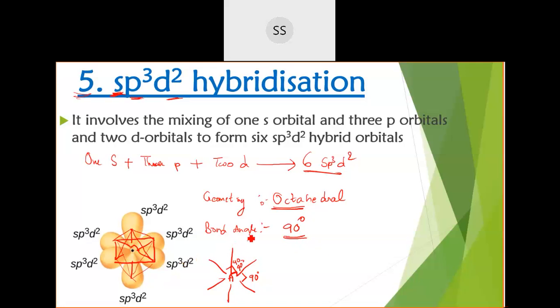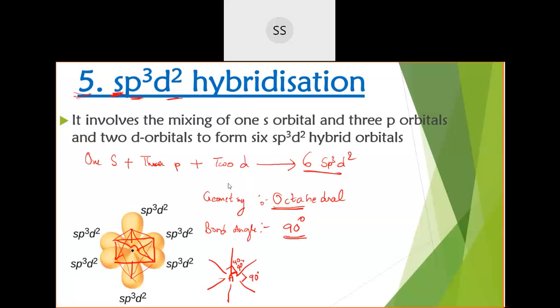Okay, so let's go for the explanation of a molecule using this hybridization. We have SF6 to explain. The central atom over here is sulfur, correct? Sulfur atomic number is 16.